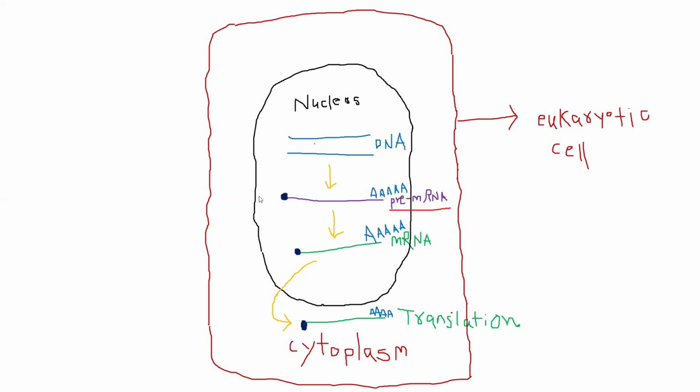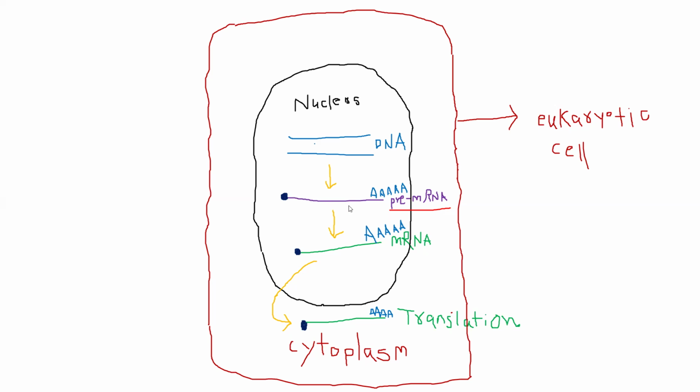After adding the 5' cap and poly A tail at the 3' end, a part of the processing has been done. It's still pre-mRNA. So what further modifications are required for the transformation of this pre-mRNA into mature mRNA? That we will see in detail in this lecture.